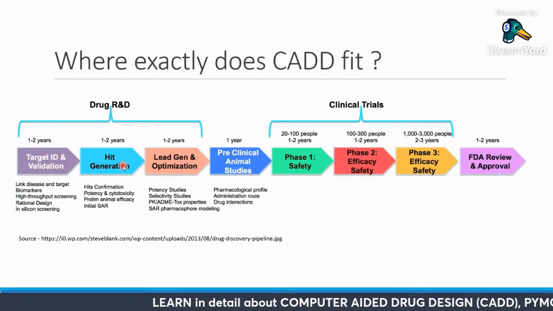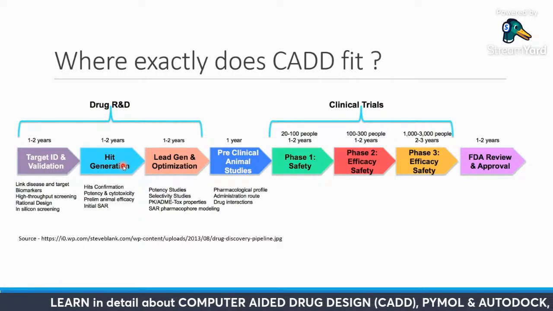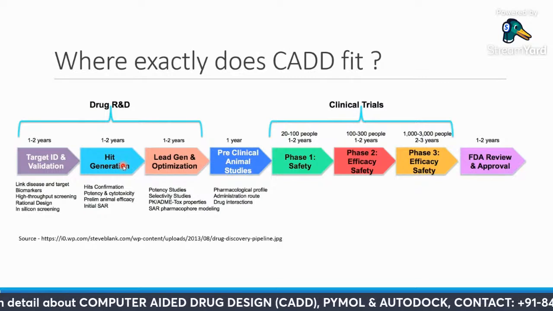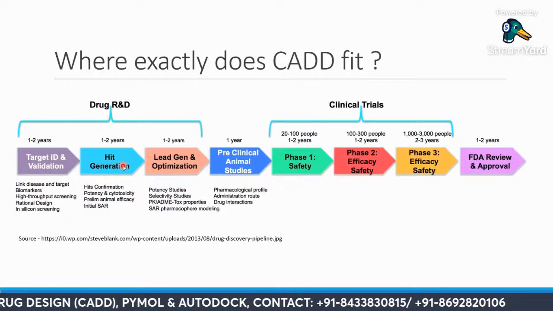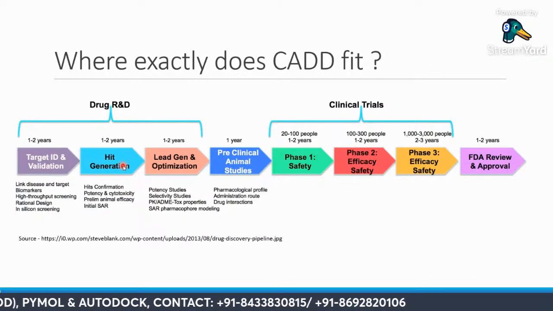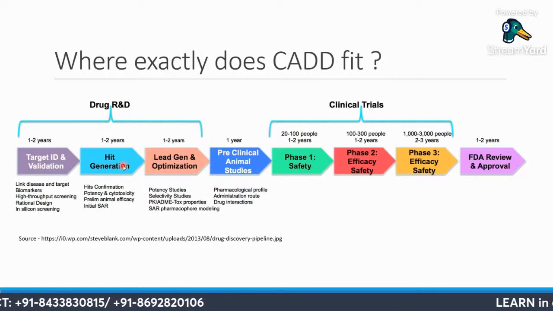So you will run your studies with whatever tools you might have, and thereby give the medicinal chemist some idea as to what molecules he or she needs to synthesize. Then based on your study, the medicinal chemist will start synthesizing the molecules.